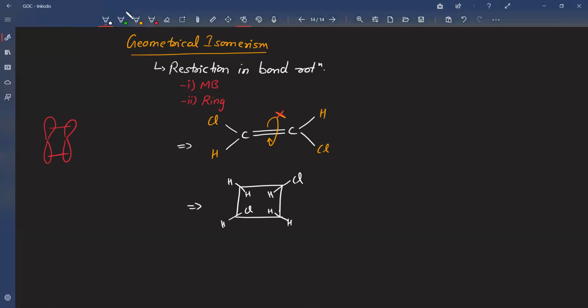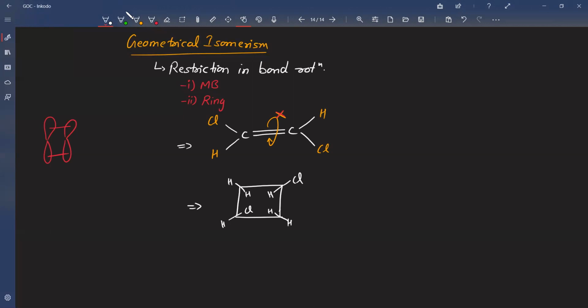Once this structure comes into existence, it cannot interchange by rotation of any bond to some other configuration. What I'm saying is configuration or orientation. The orientation cannot interchange to another orientation.